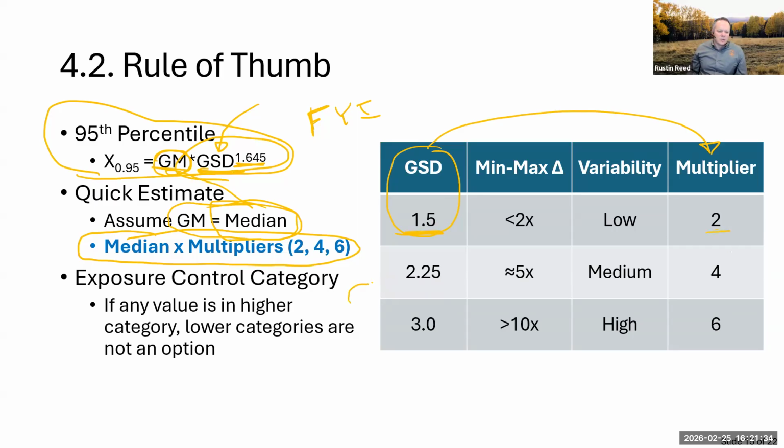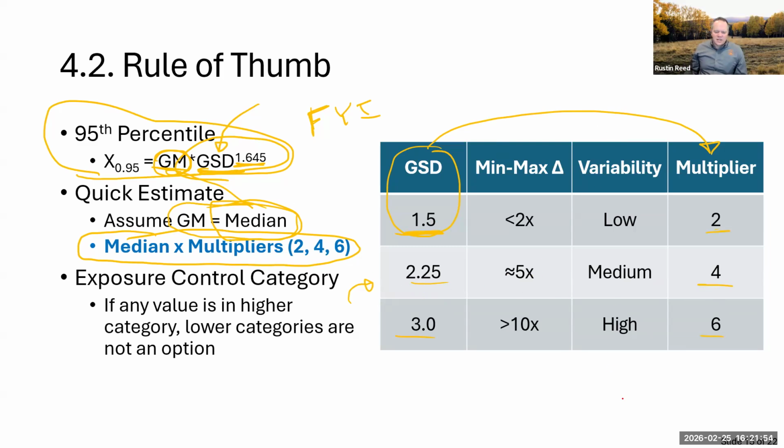And if you take 2.25 raised to that value, you get about 4, etc. So 3 gives you about 6. Someone else did the math for us. We don't have to. It's a way for us to guesstimate the variability in our data set.